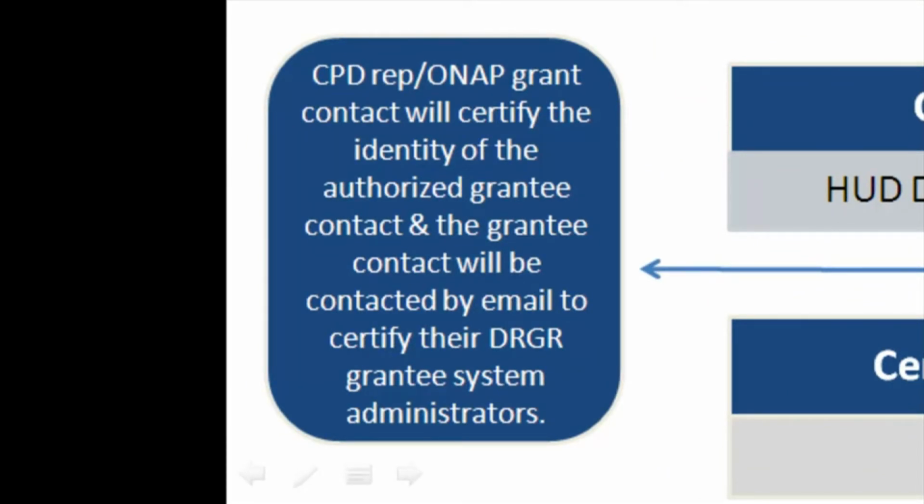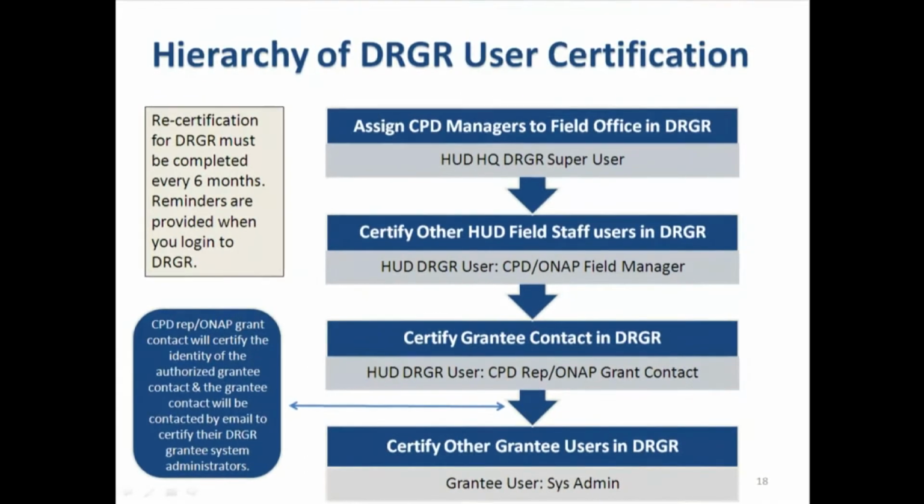CPD representatives and ONAP GMSs will then certify the identity of the authorized grantee contact, which may be populated from the grant agreement in LOCCS, and the grantee contact will be contacted by email to certify their DRGR grantee system administrators. This is the one part of the process that is done outside of the DRGR system.